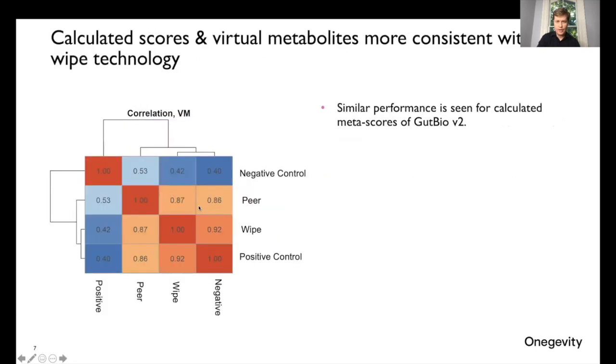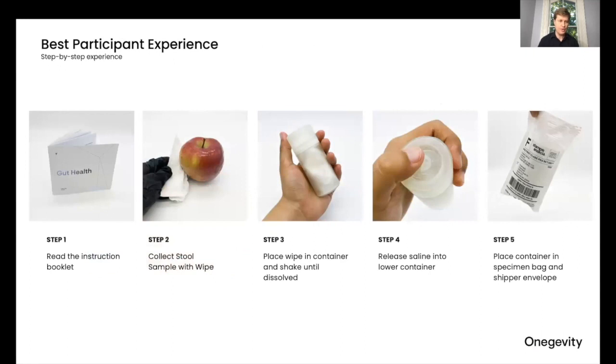If we look at the predicted measures, like calculated scores or prediction of different metabolites, we again find that what we see on the wipe is a bit better than on current technology. So we think we're getting both better quality in terms of sequencing and predictions, as well as a better customer experience.